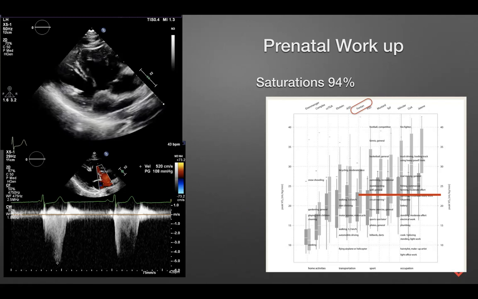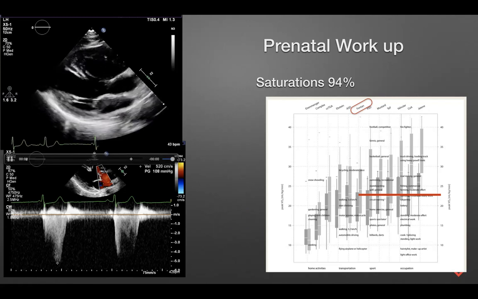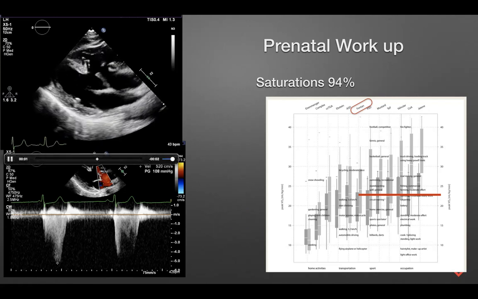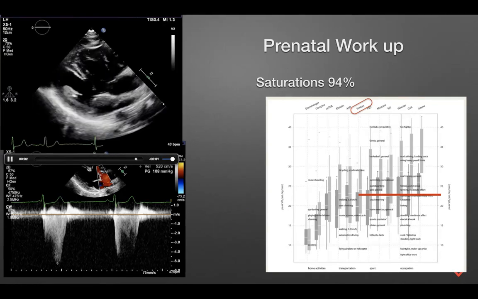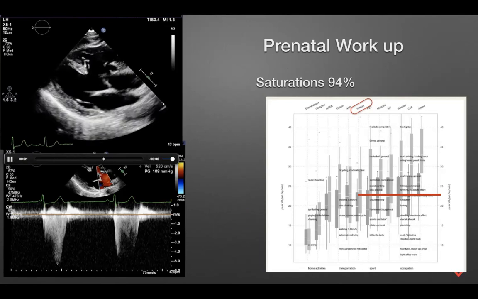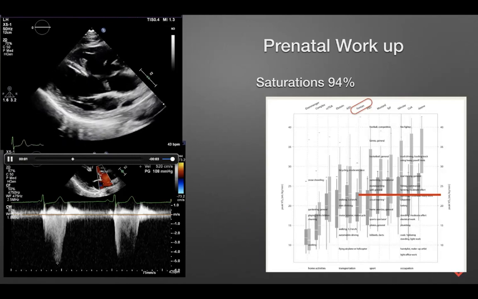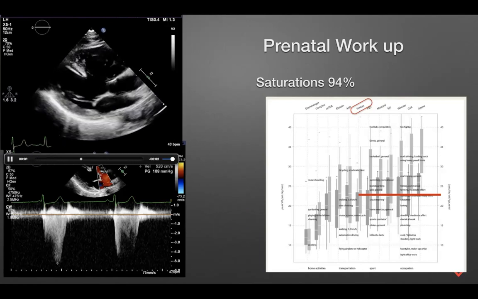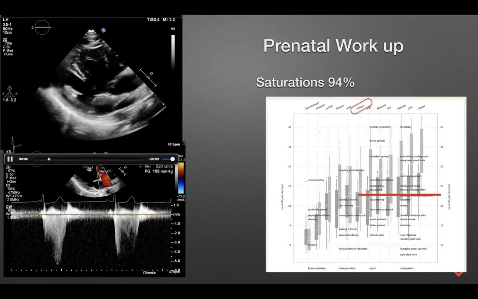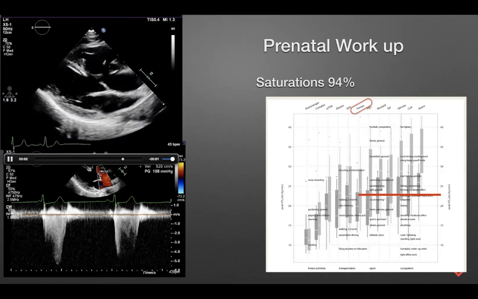Here is her echocardiogram, and here's her ventricle, here's her LV, here's her RV, here's the big VSD, and here are your two AV valves. You can either look at contractility of each ventricle by itself or cumulatively to help you understand what the ventricular function is. But this is greater than 40% and good.